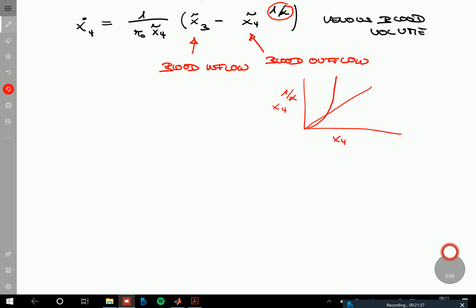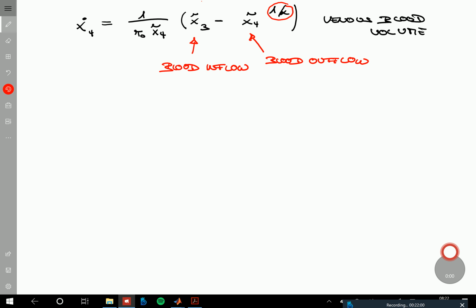So the larger the blood volume gets, the more it expels it, and this is what they call balloon property. So the blood is expelled at a greater rate when this balloon is extended than if it's not extended.